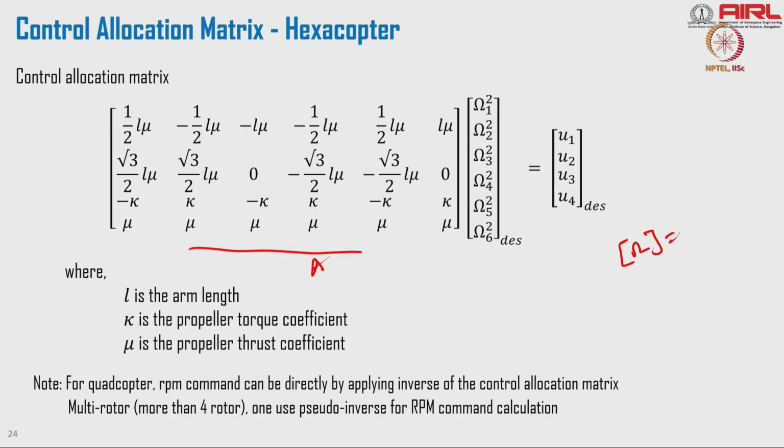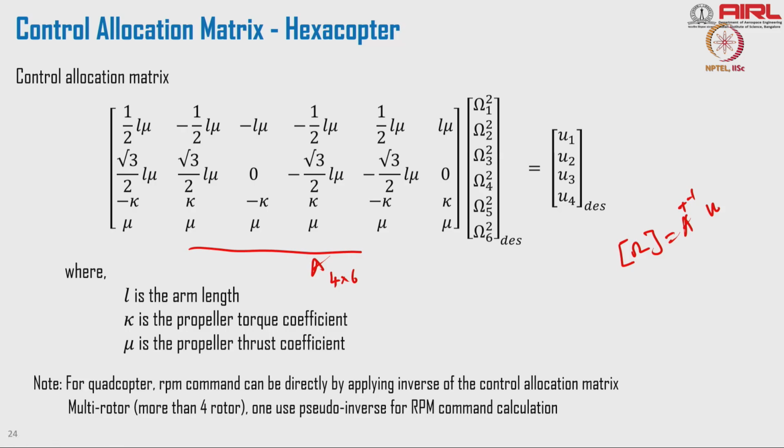Now the A matrix dimension is 4 cross 6, a rectangular matrix. I can't get a direct inverse, so I have to do a pseudo inverse times U, and then I can get my omega. So for a quadcopter, the RPM command can be computed directly from the inverse of the control allocation matrix, whereas for a multi-rotor with more than 4 rotors, one uses the pseudo inverse to compute RPM.